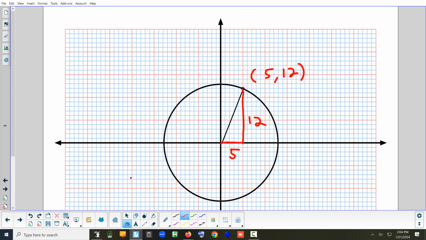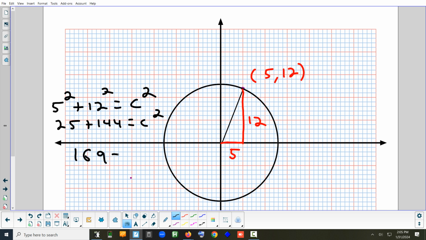Yeah, the Pythagorean theorem. So 5 squared plus 12 squared equals c squared. What's 5 squared? 25. 12 squared? 144. And what do you get when you add those together? 169. And then when you take the square root on both sides, 13.